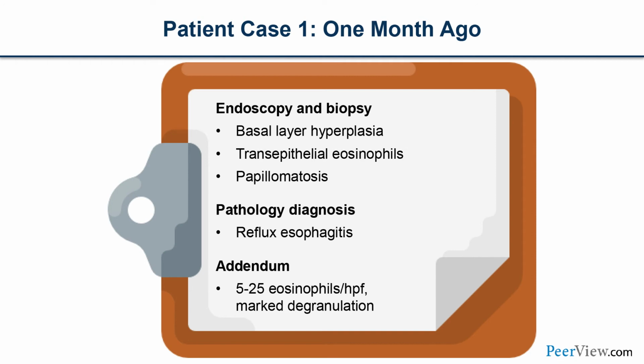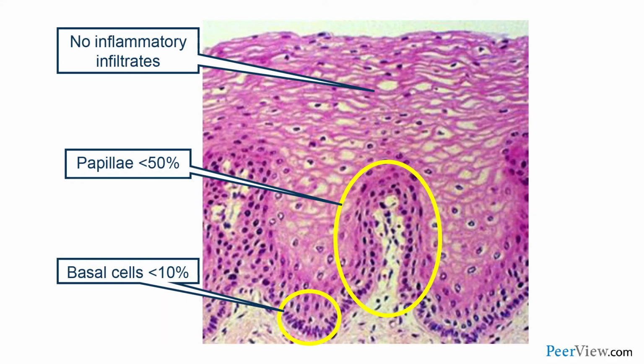And then in the addendum, they said, well, there is 5 to 25 eosinophils per high power field with marked degranulation. So this is the picture of a normal esophagus where you can see up here there's no inflammatory infiltrates. The papillae are 50% here, and the basal cell layer is nicely arranged and not hypertrophied.